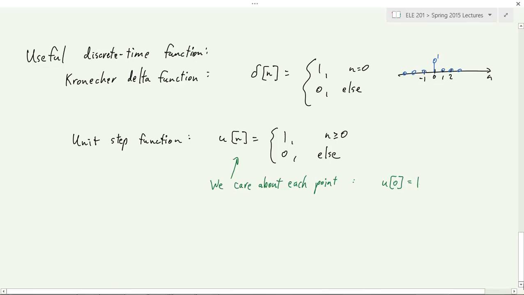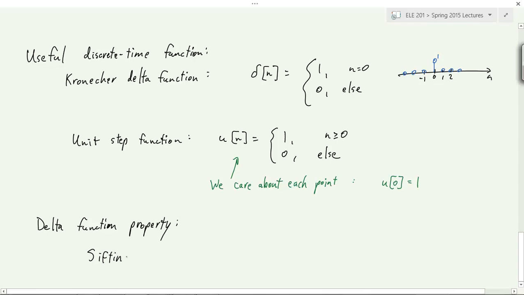So these delta functions, let's look at this delta function property. There's something that we call sifting.